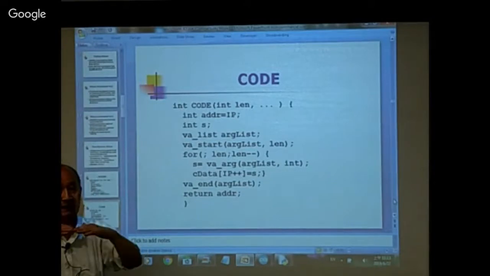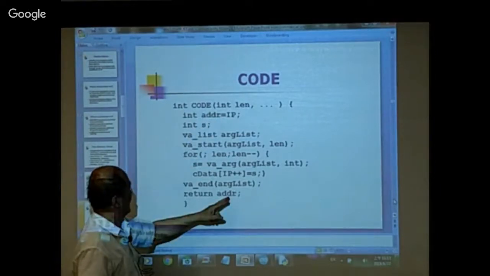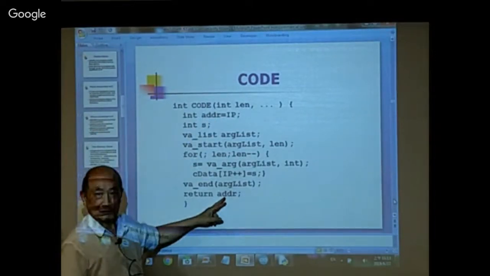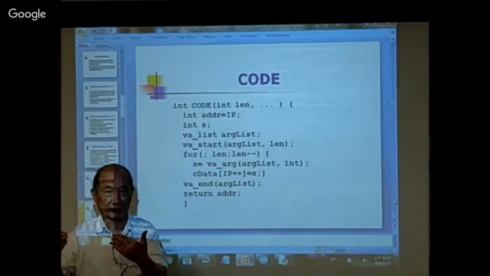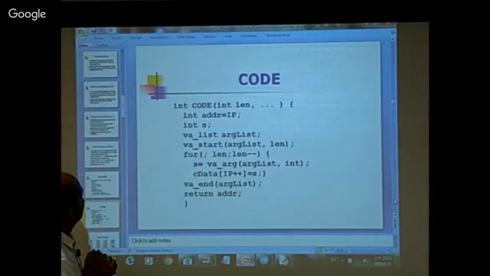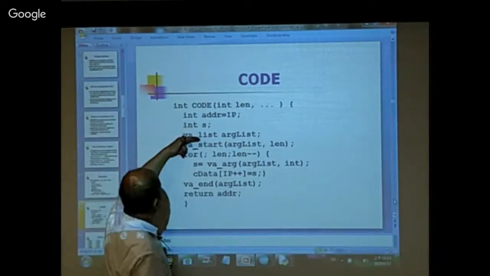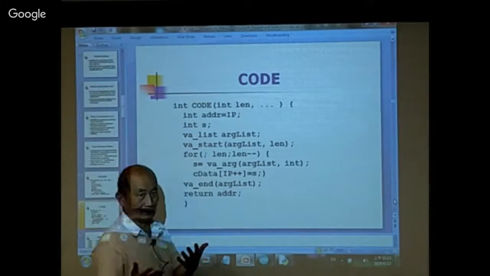And once you have that, this is a VA list, a VA start, a VA end. C doesn't have a good mechanism to compile a variable parameter list, but some smart guy extended it so that you have a VA library to give you that capability.